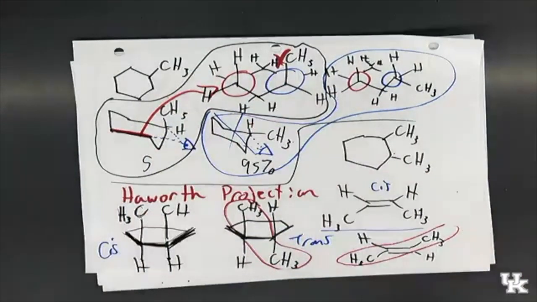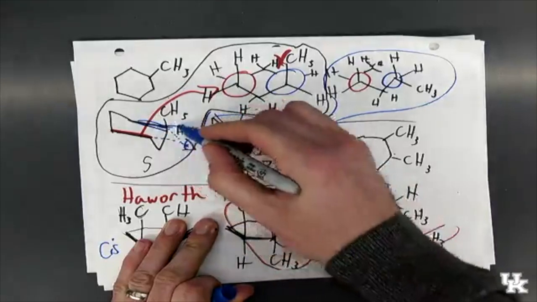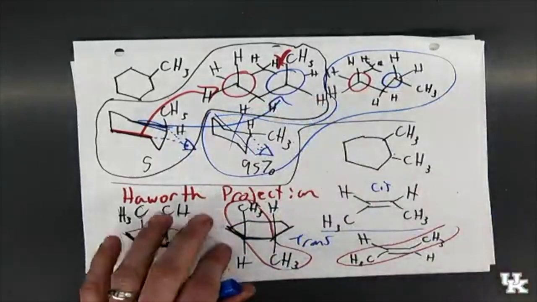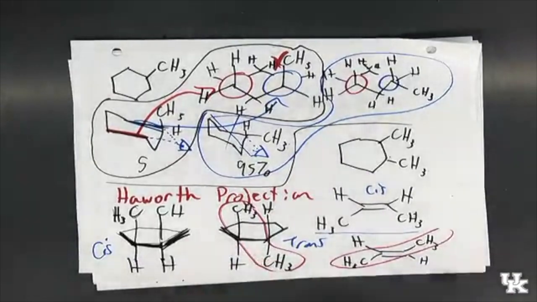So that was the question. Which bond does it correspond to when you're looking at the Newman projection? And then this one here corresponds to that one. This is getting really crowded, like graffiti or something. Is that more clear? Yeah? Okay, cool.